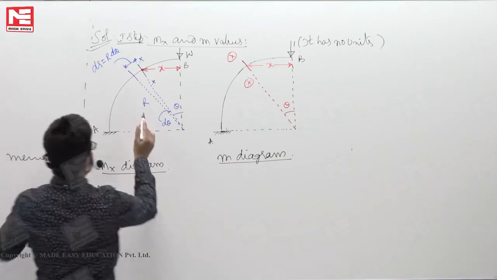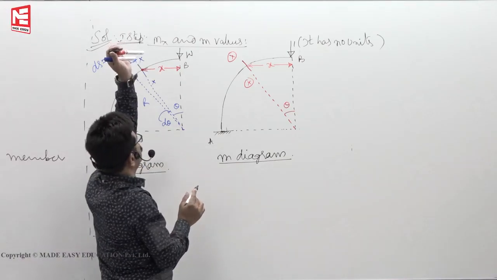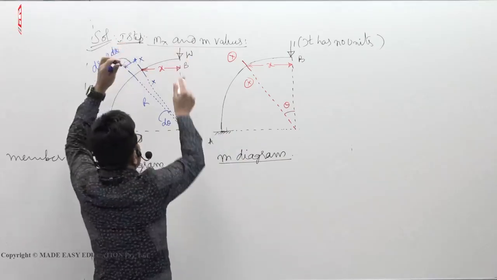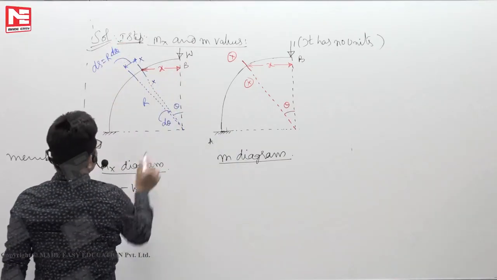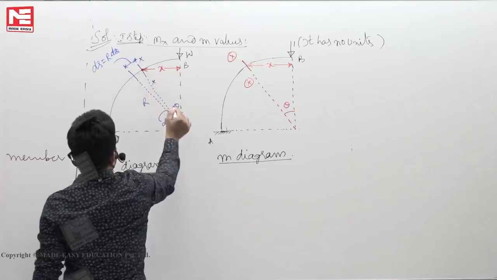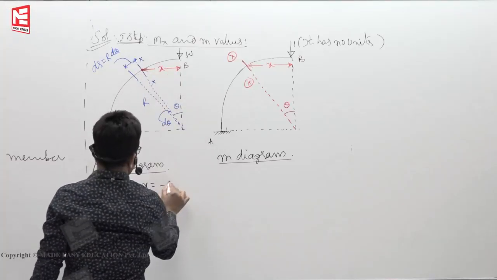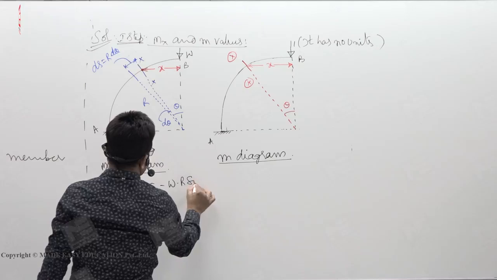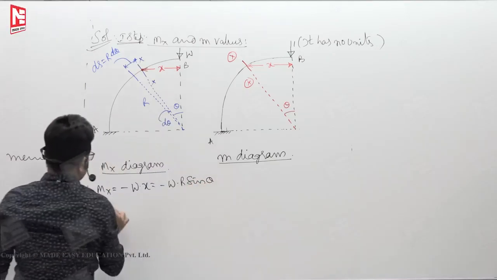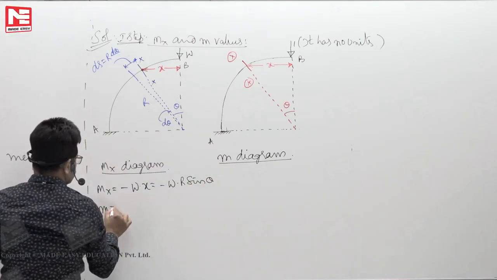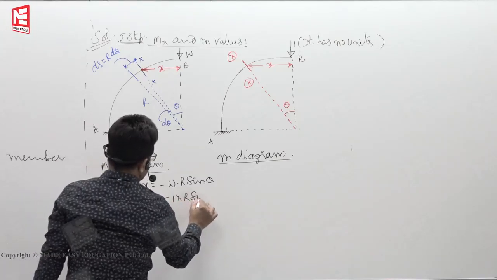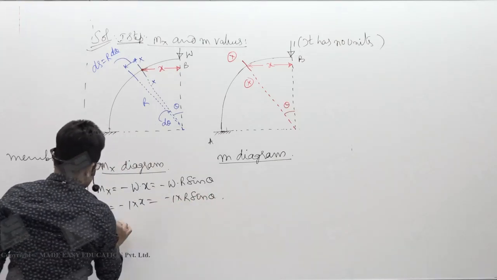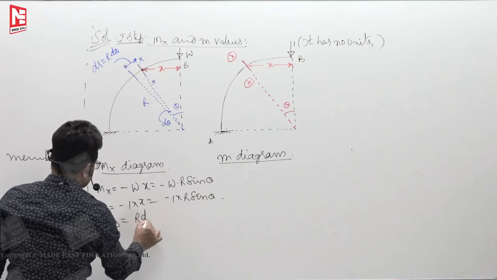So Mx is nothing but, standing on the red color dot and looking at the W, W into x, minus W into x. x is nothing but, if this is r and this is theta, r sine theta. So minus W into r sine theta. Then small m is minus 1 into x, so minus 1 into r sine theta. ds we also know is r d theta.